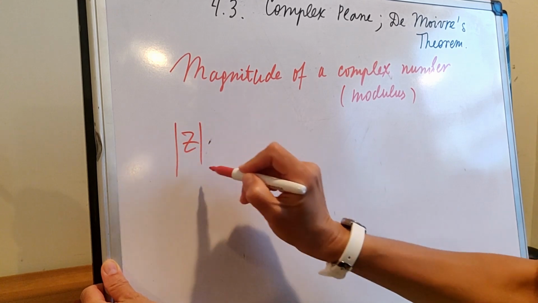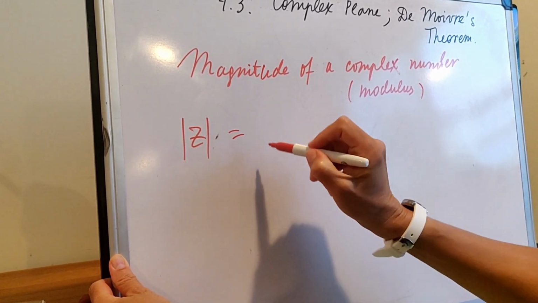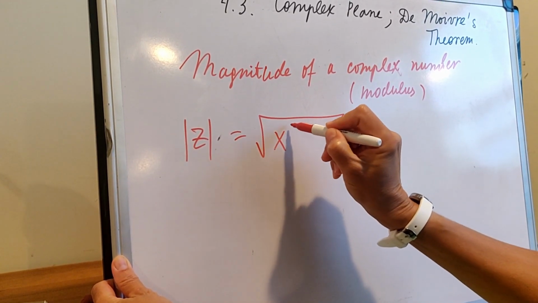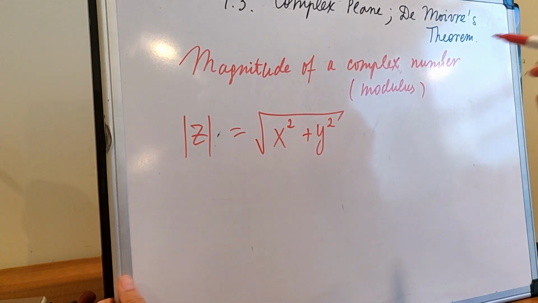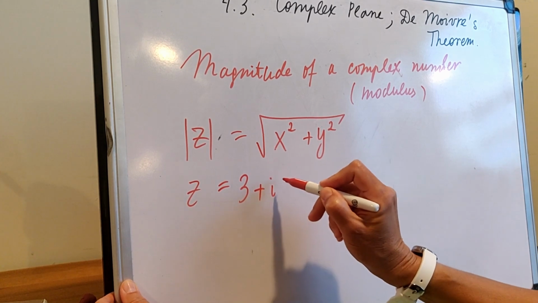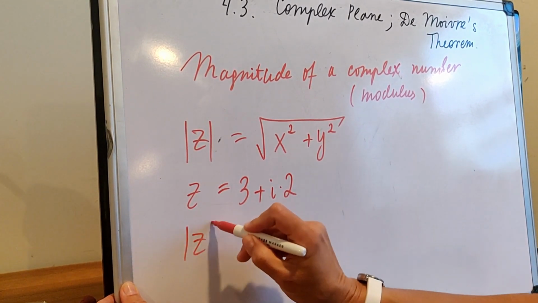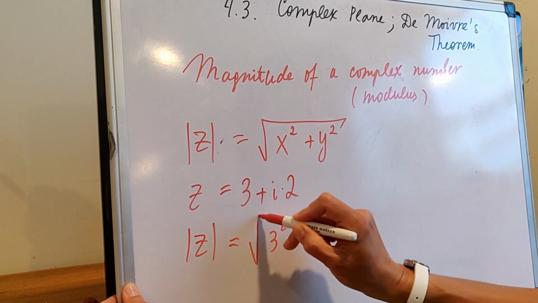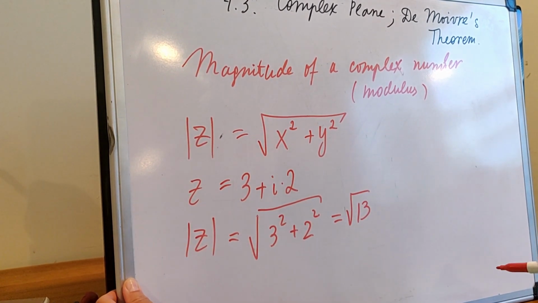How do we calculate magnitude? Well, that's how we write down magnitude, and then how do we calculate it? That's the square root of the real part of the complex number squared plus the imaginary part squared. For example, if z equals 3 plus 2i, the magnitude is going to be the square root of 3 squared plus 2 squared, which is going to be the square root of 13.